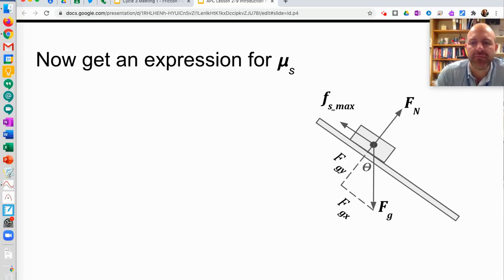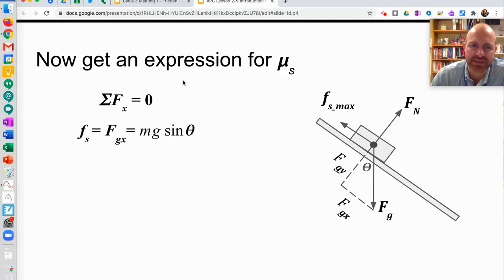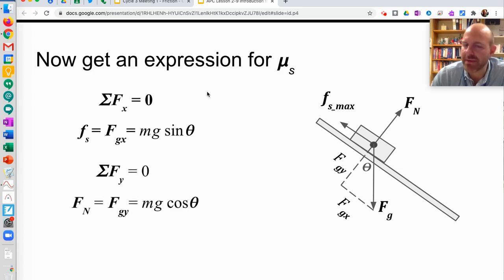And we can figure out the force of gravity in the y and the x directions. We can say that the FGX is equal to Fs max because the net force in the x is 0. It turns out that FGX is mg sine of theta. In the y direction, FGY is mg cosine theta, and that is the normal force. The ratio of static friction to normal force is mu-s.